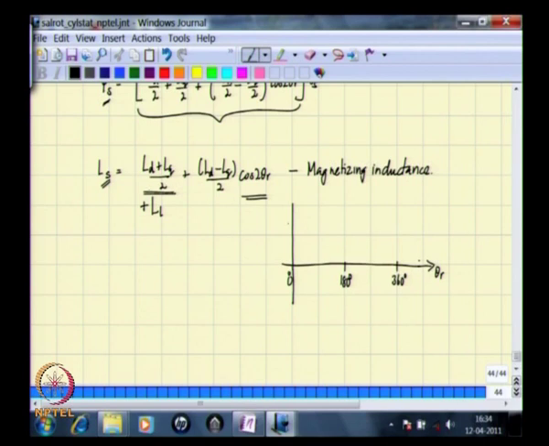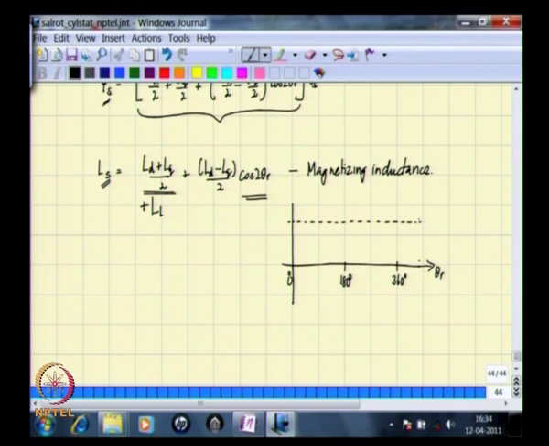This curve would then look like this: the cos 2 theta r variation happens over and above a DC value, which is leakage inductance plus this LD plus LQ by 2. So, let us denote that by this average line.